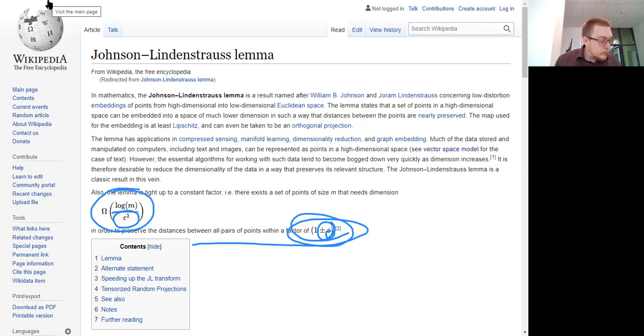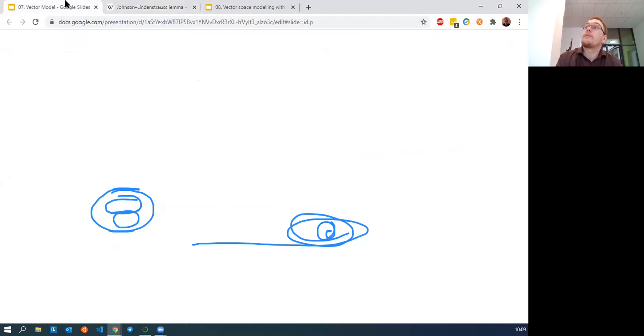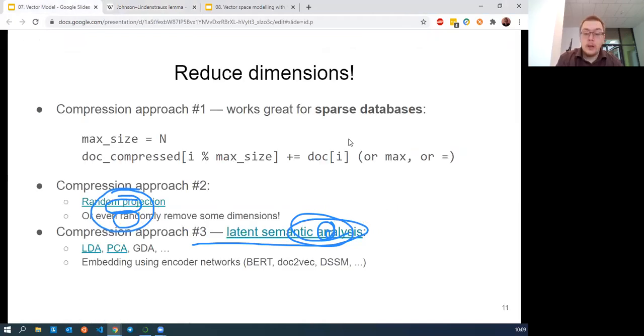But the number of dimensions depends not on the actual number of dimensions, but on the number of items. It's a very beautiful lemma. It says that no matter how multidimensional the space can be, it is actually more important to know how many elements you have in the data set.